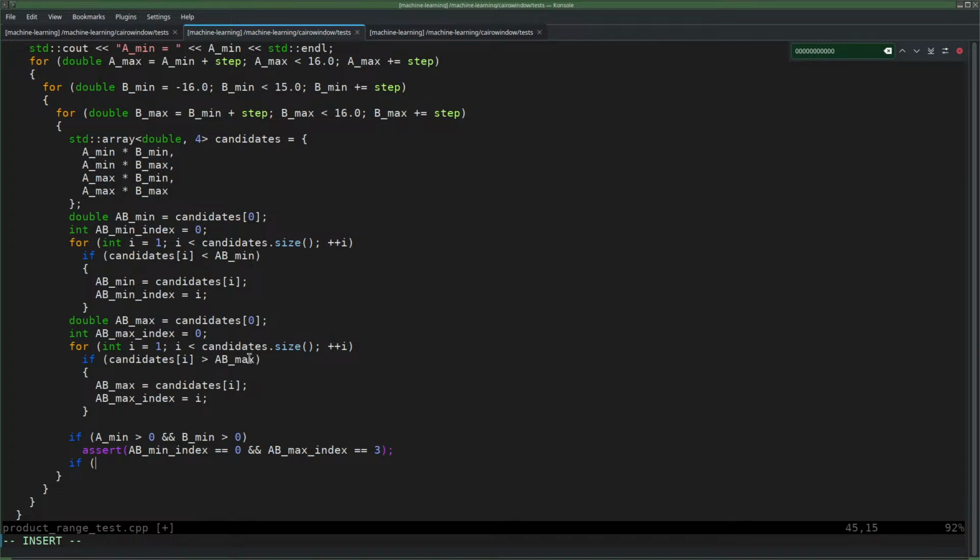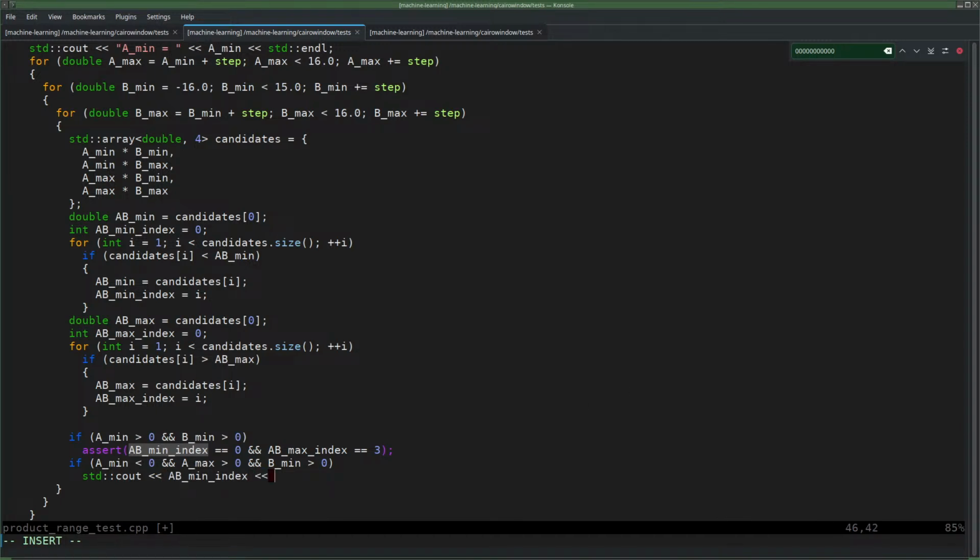Let's say if A min is less than 0, but A max is larger than 0, and still B min is larger than 0, then we have just one of those possibilities, and I'm pretty sure that in that case the indexes also should be fixed.